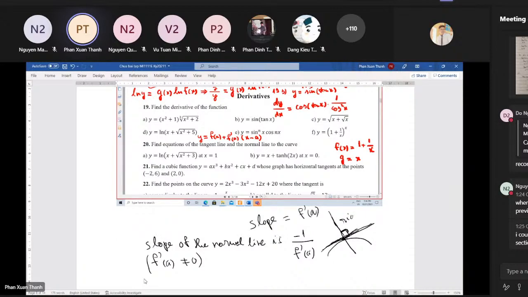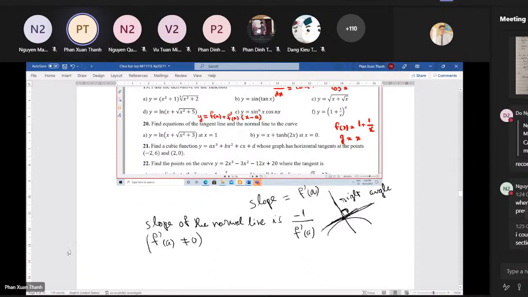And the slope of the normal line is -1 divided by the derivative of f at a. So we can find the equation of the normal line. I will show you now the equation.